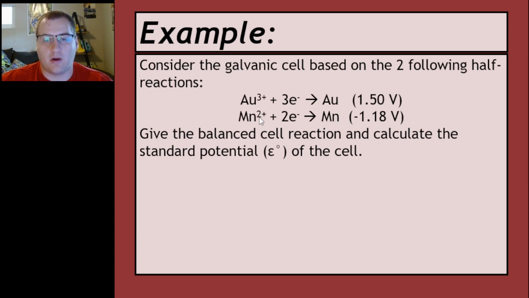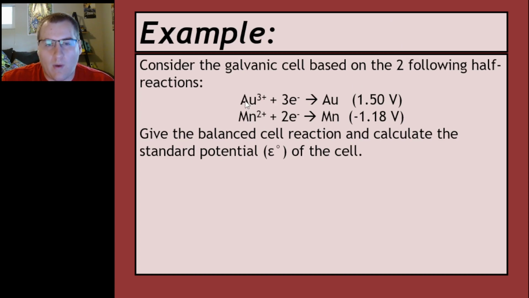Okay, so what we've said before is that a reaction is always made of a reduction and an oxidation. You can't have one without the other. But both of these are written as a reduction because all half reactions are written as a reduction to keep it standard.